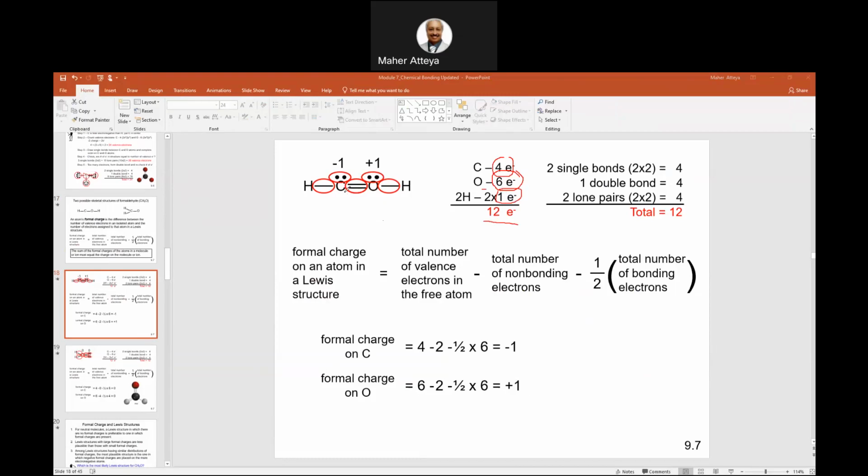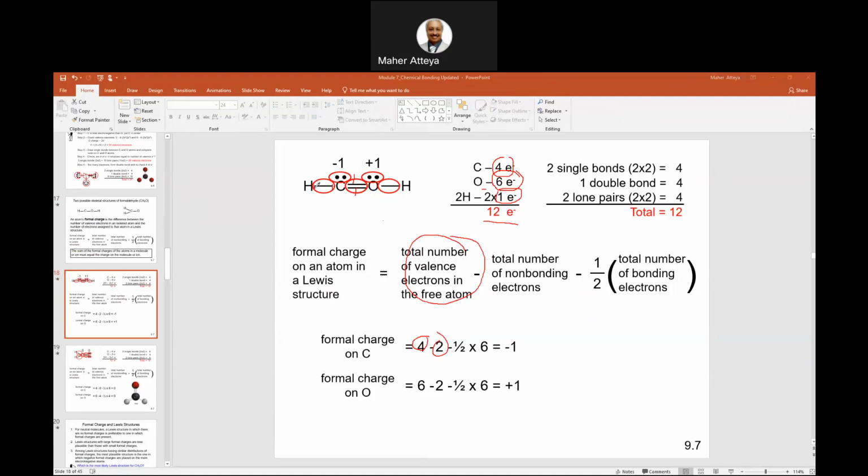Let's look at the carbon. Carbon, for example, the total number here is 4, minus the number of non-bonding. How many do we have? We have 2, minus 2, minus half of the bonding. How many half of bonding do we have? 1, those 2 sets, 2, that's 4, 5, and 6.